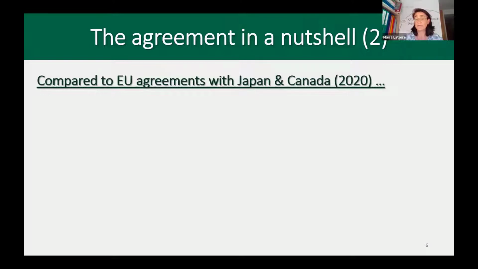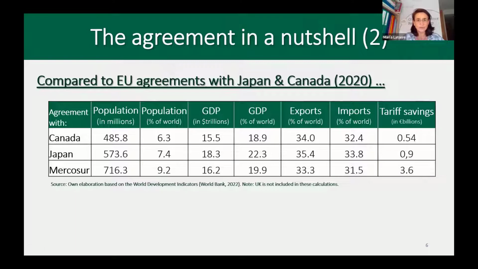And compared to the most recent trade agreements of the EU, if you see the comparison of population, the second column is of world population in percentage, you see this is the largest ever for the EU. Mercosur, 9.2% of world population. In terms of GDPs, between Japan and Canada, between those agreements.